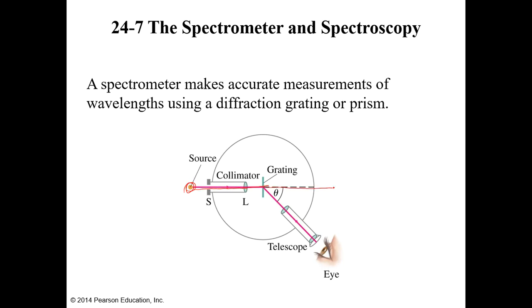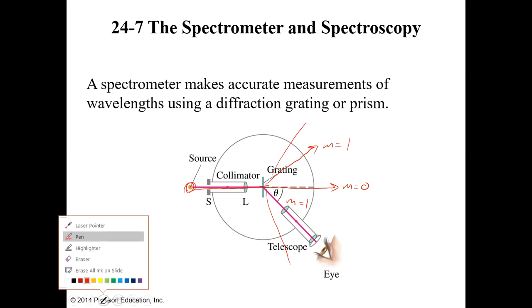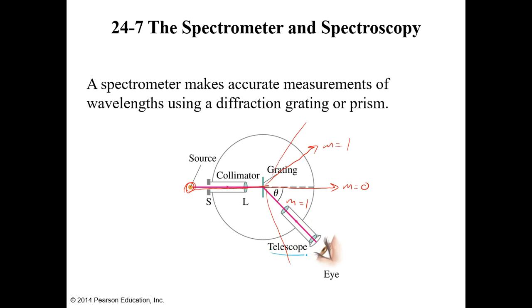Well, then you're going to have your m equals 0 line, and then it's going to diffract in different directions. Each one of these is m equals 1, and you may get another m equals 2 out here. And you have this little telescope, let me do this one in blue, which can move back and forth.